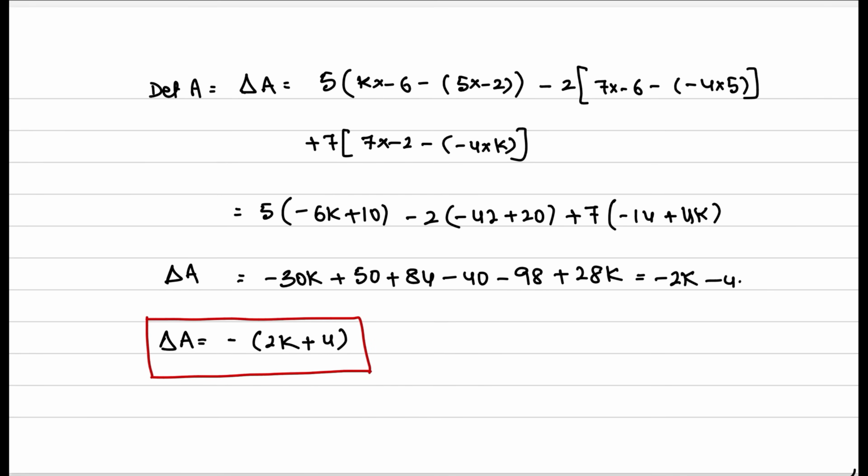Now we have to find out the last digit of delta A to the power of 2025. That is the second step, and that should be equated to 1 to find out the value of k.